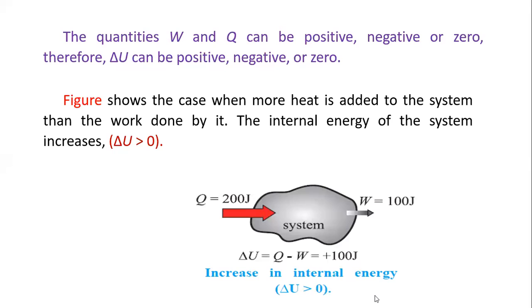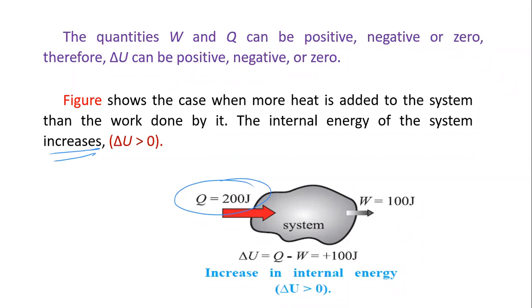Now, as for this first law of thermodynamics, the quantities W and Q can be positive, negative, or zero. Therefore, the change in internal energy can also be positive, negative, or zero. The figure shows the case when more heat is added to the system than the work done by it, so the internal energy of the system increases.